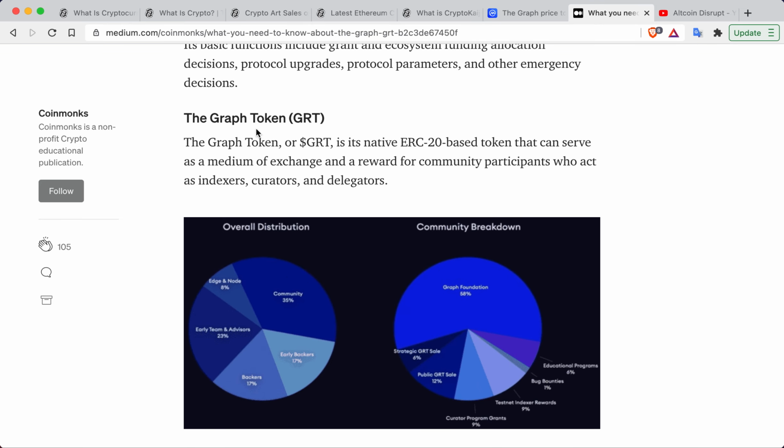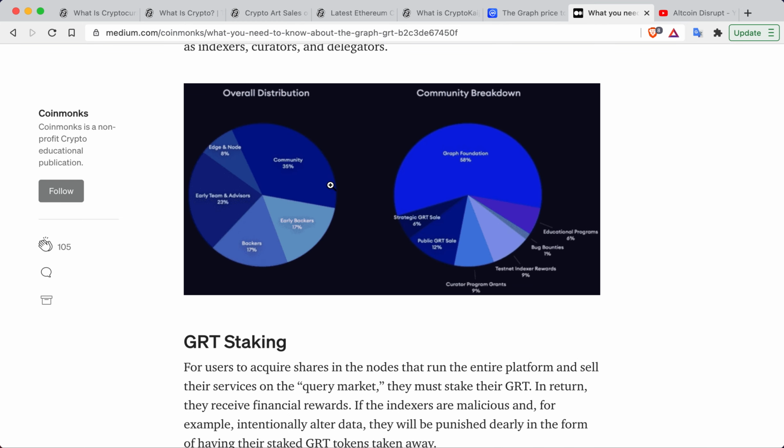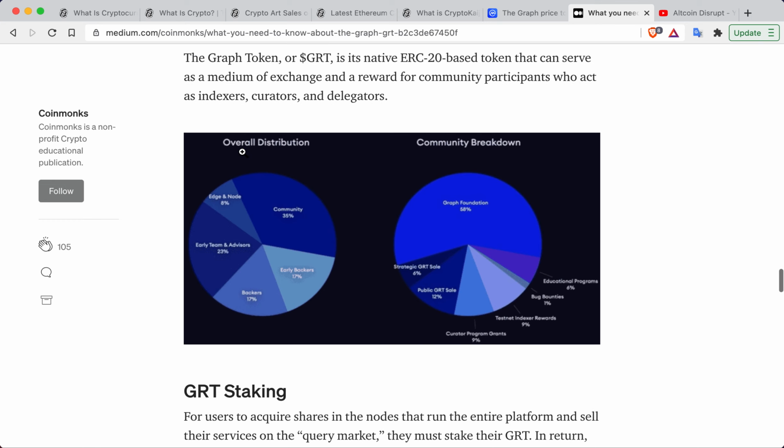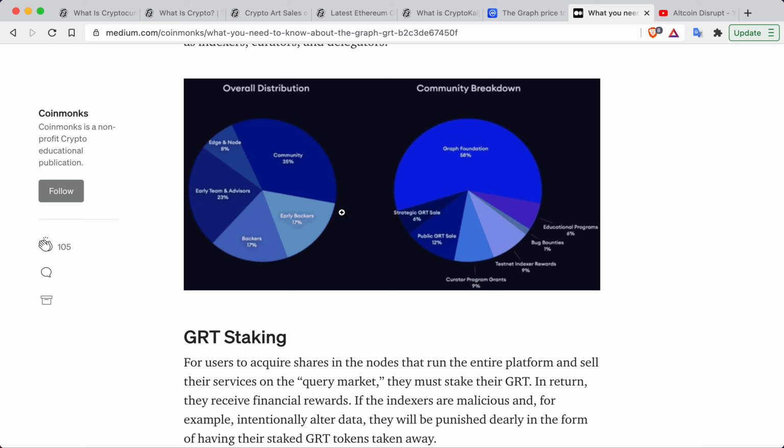That's good. So the Graph token, and this is important, the Graph token, or GRT, is a native ERC-based token that serves as a medium of exchange and rewards for community participants who act as indexers, curators, and delegators. And you've got an overview of what the token is all about.